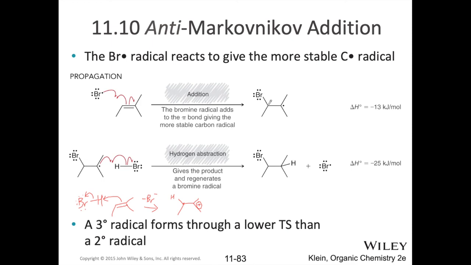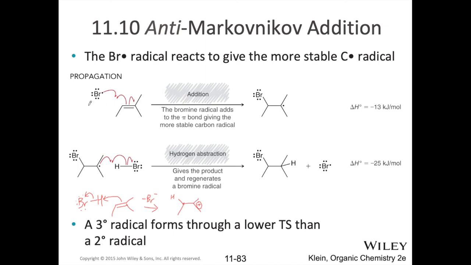All right? So what's the difference here between these two? Well, in the case of our addition reaction, the first step involves a hydrogen going to that less substituted carbon. Whereas here, the first step in our propagation for our radical reaction involves our bromine radical going to that less substituted carbon. So in addition reactions, we have hydrogen first, bromine later to the carbocation.